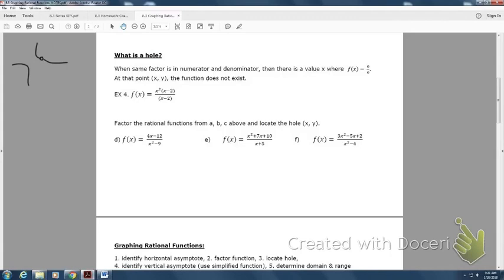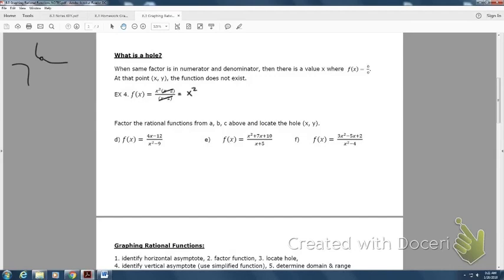So let's walk through this first example. Does anything cancel? X minus 2, okay? So everything cancels. I need to go ahead and write what I have left, which is just going to be x squared.